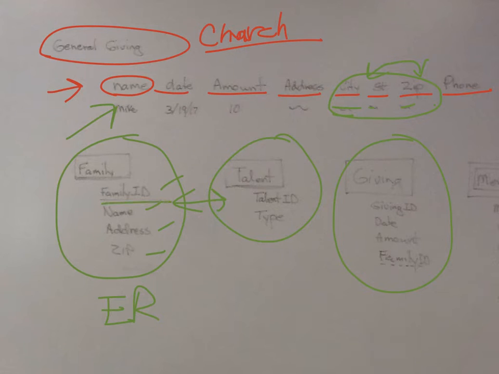And that could either be a family ID here, okay? Got a giving ID, date, amount, and who gave it. And then we talked even more, well, the family might be broken into the members of the family, and maybe you use a member ID to keep track of the giving here. And that member ID would be tied to a family ID.